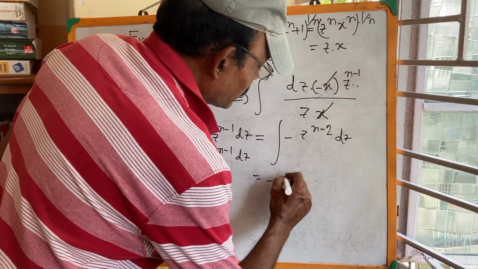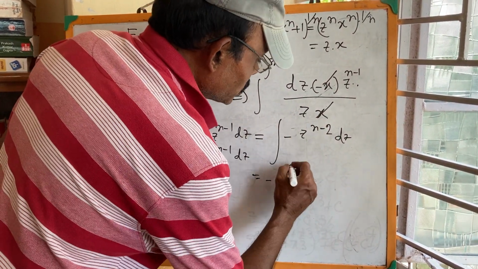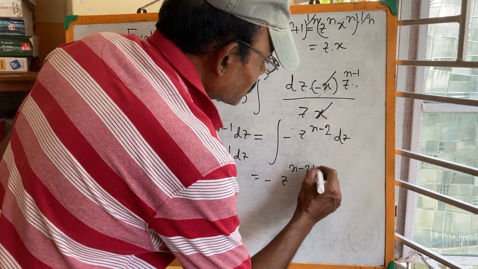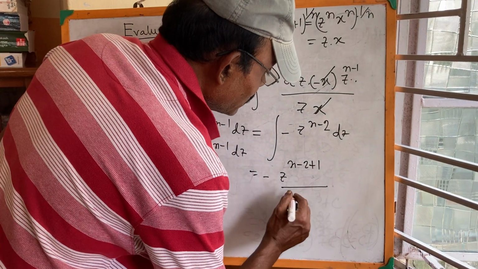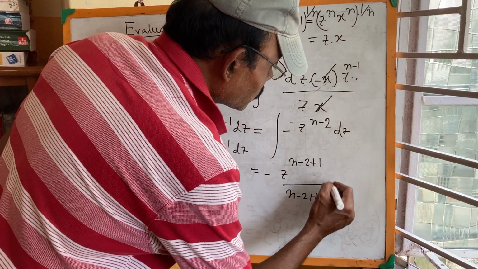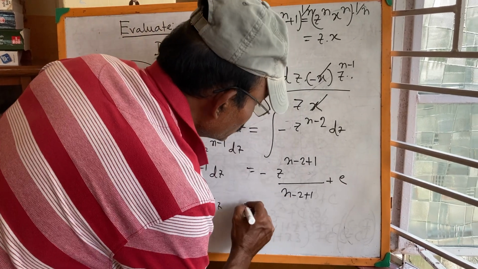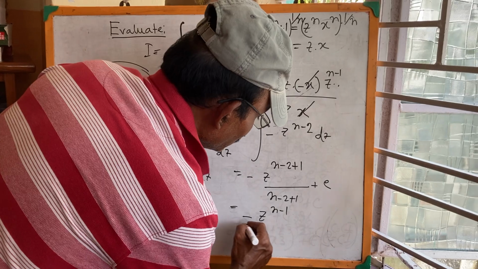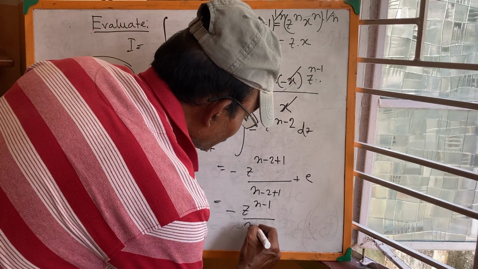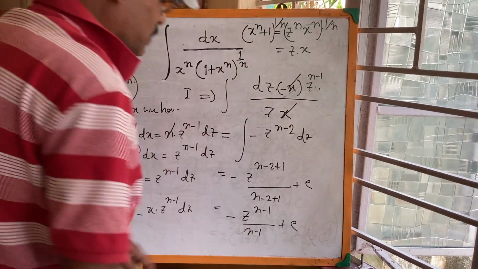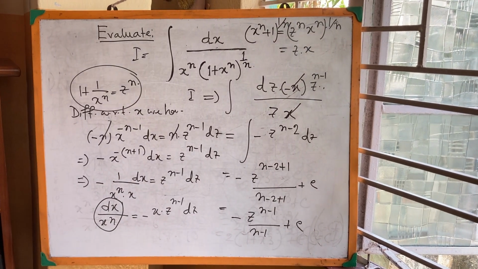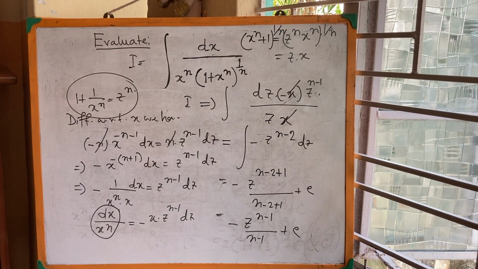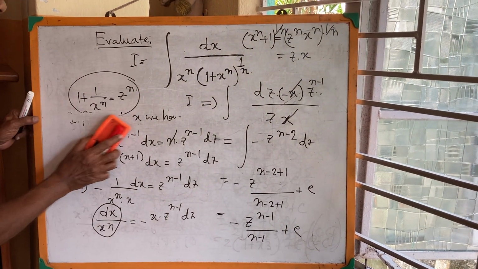Now from this step, this is easiest to solve, this z to the power n minus 2. So by the rule of the integration, plus 1 by n minus 2 plus 1 plus c. So this will be minus z to the power n minus 1 by n minus 1. This is the complete sum. Now z to the power n minus 1 we substitute from this.